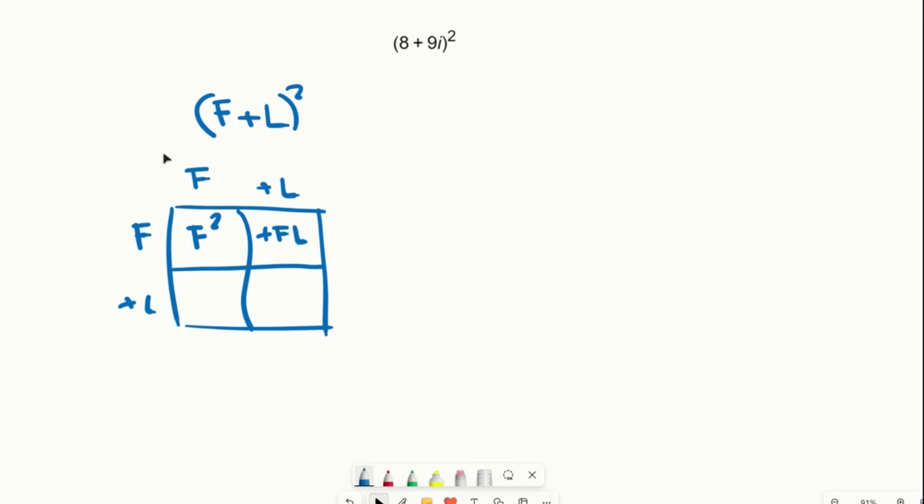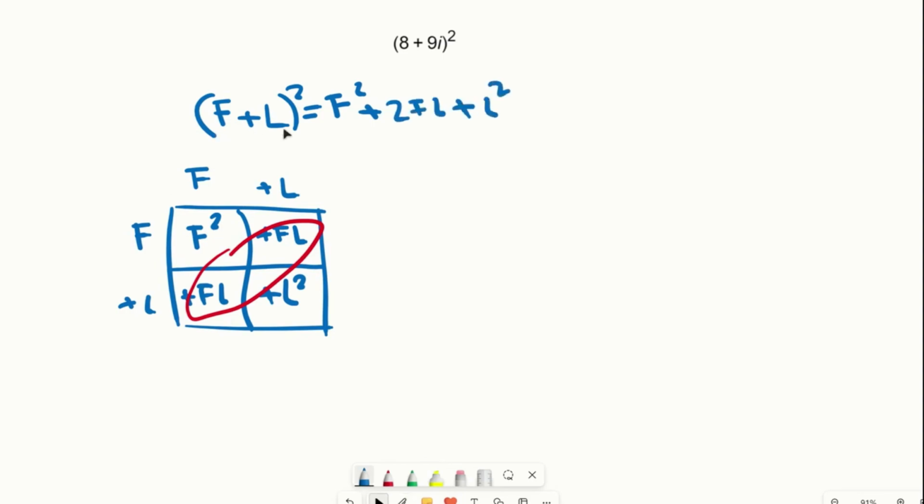Here, positive l times f, again we get plus fl, and plus l times l gives us l squared. So we notice that here inside we can combine these two, so we get f squared plus 2fl plus l squared.